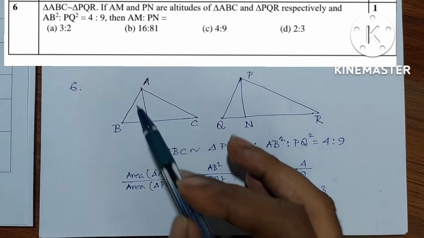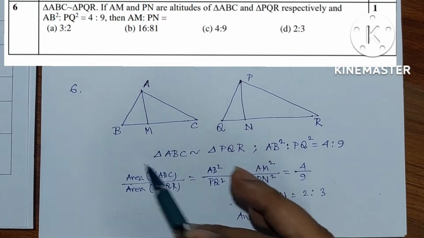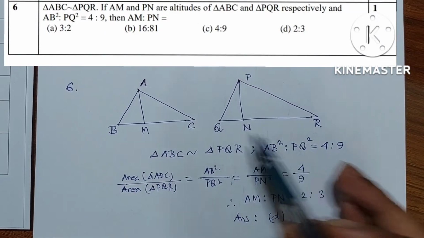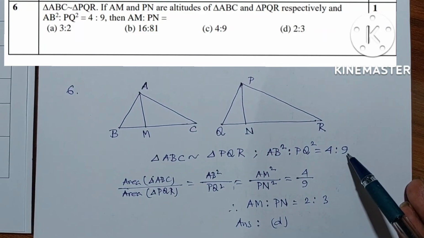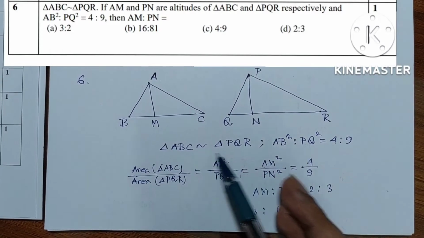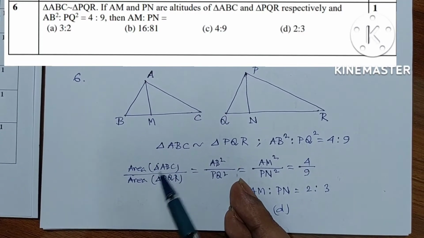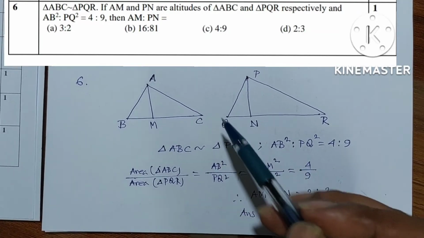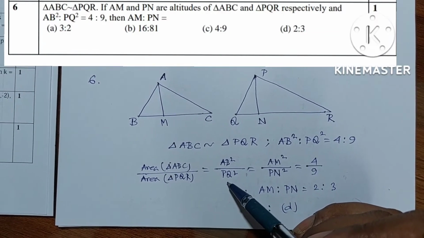Okay, let us see. In question number 6, it is given that triangle ABC is similar to triangle PQR, and AB² : PQ² = 4:9. You know, if two triangles are similar to each other, then the ratio between their areas equals the square of the ratio of their corresponding sides.